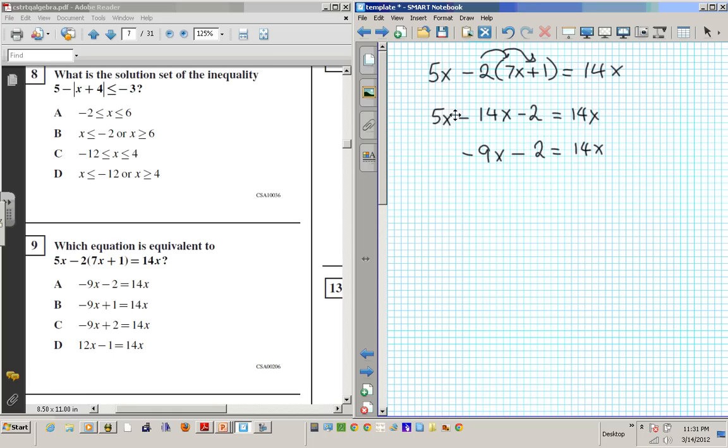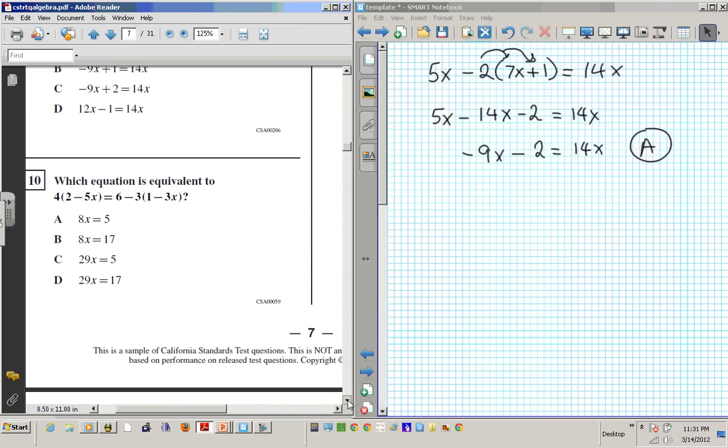These two signs are different, so you subtract these two and keep the sign of the bigger one. That's why I have negative 9x minus 2 equals 14x. So this one is equal to letter A. It matches A. Alright, now let's move on to number 10.